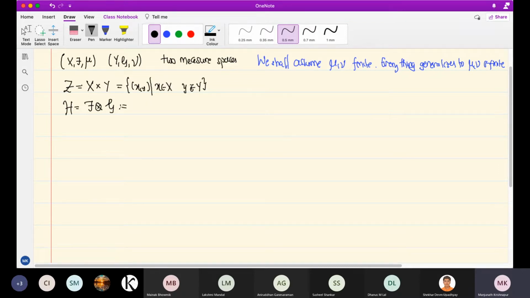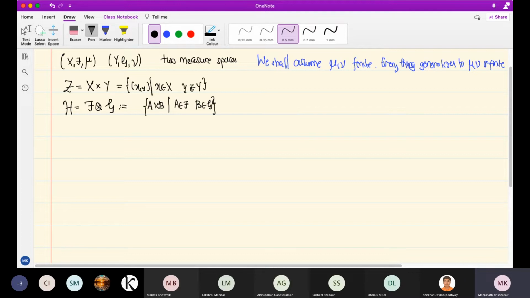What I certainly want is all sets of the form A cross B, where A is a measurable set in X and B is a measurable set in Y. I would certainly want all of them to be measurable.